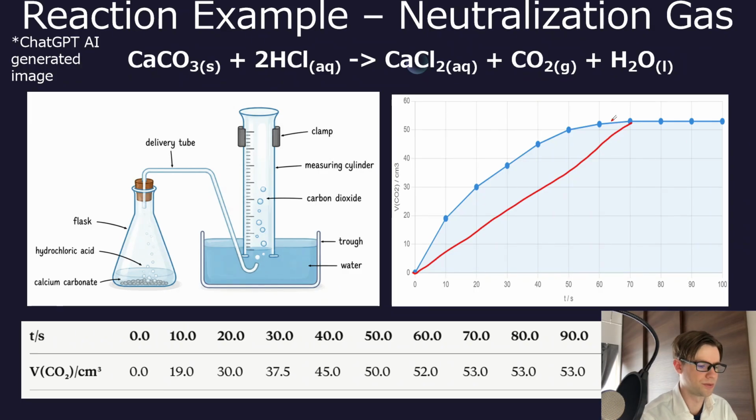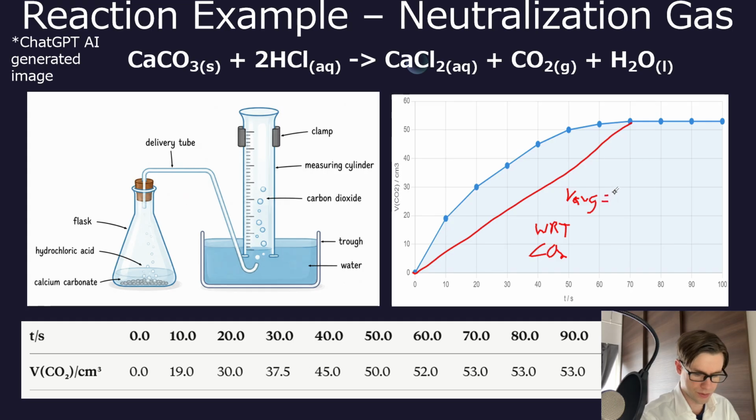Okay, you don't even need to make the graph to really do this, but I'll show you mathematically what it might look like. So the average rate, and this is with respect to CO2, right? A specific product being produced.